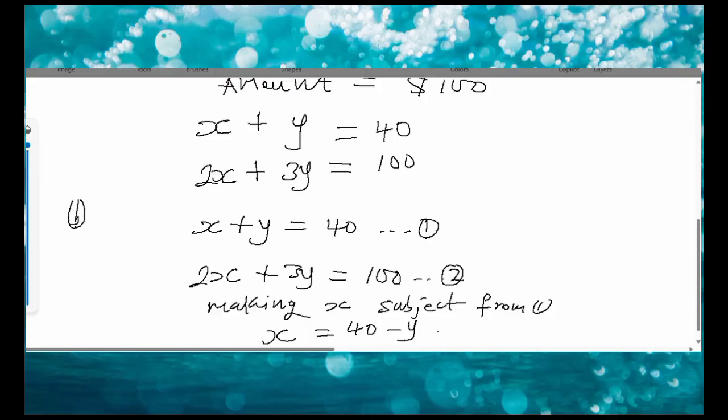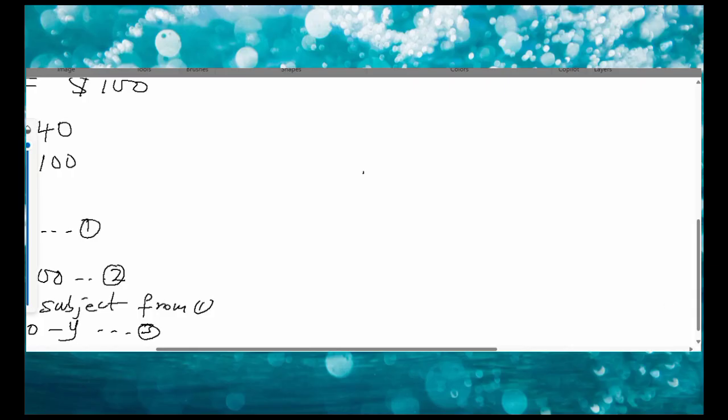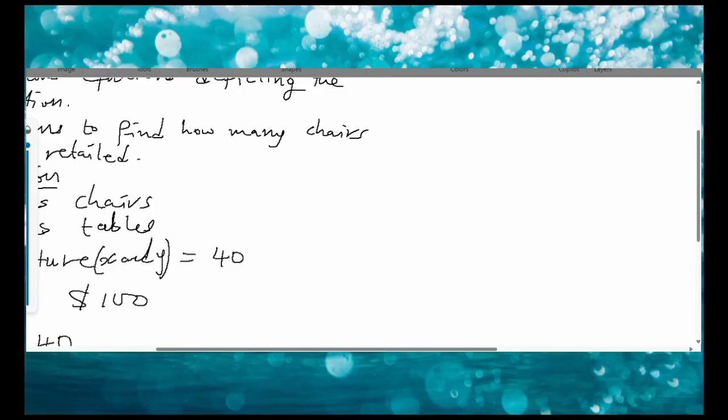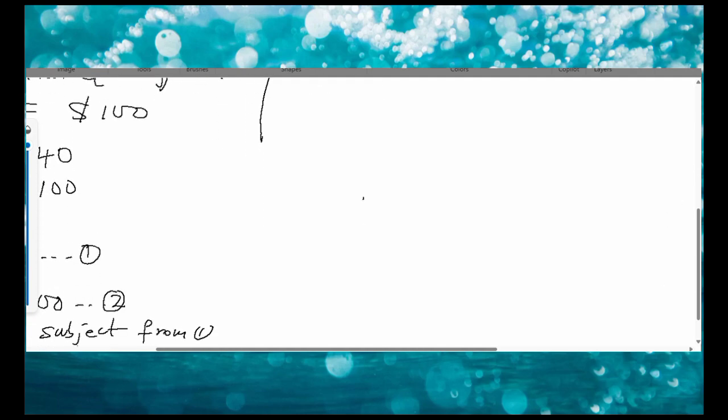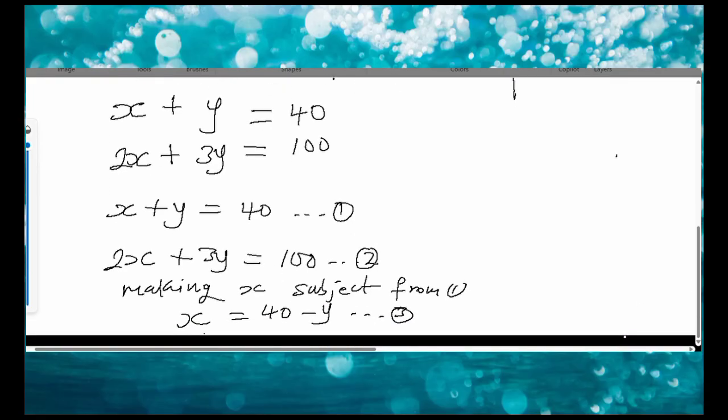Okay, and this one is going to give us what equation? Equation 3, right? So what we're going to do next is to put equation 3 into equation 2. So we had equation 2 is 2x plus 3y equal to 100, right? And equation 3 is x is equal to 40 minus y.